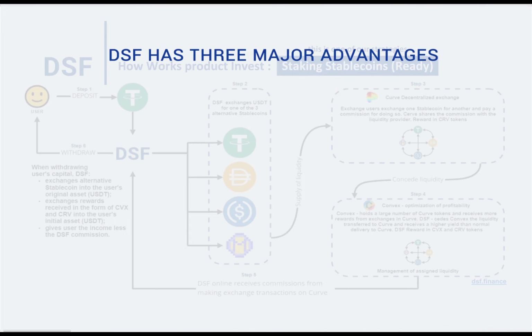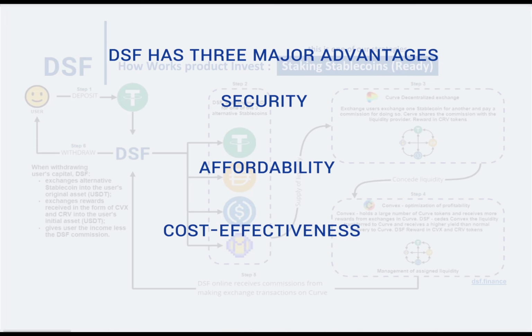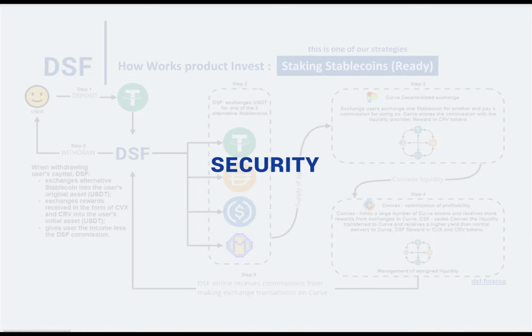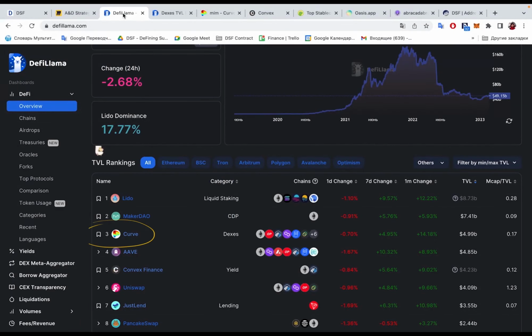DSF has 3 major advantages: security, accessibility, and cost-effectiveness. Let's break each one down individually. Security. We use key Ethereum blockchain applications in our strategy, such as the Curve decentralized exchange.